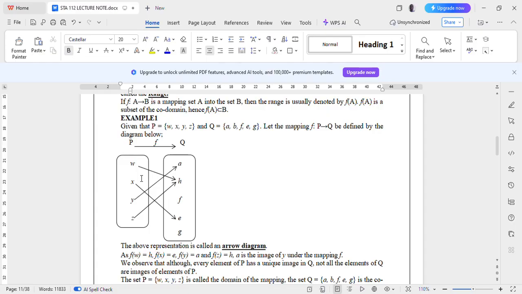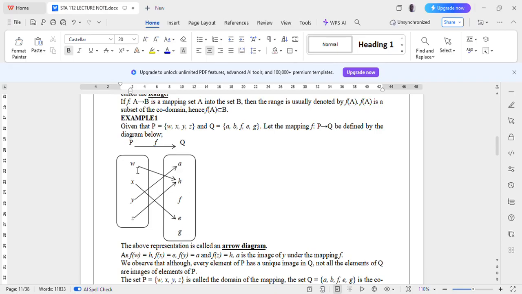Now the image of W in P is H in Q. You can see the arrow runs from W to Q. So all the elements in P, that is W, X, Y, Z, are the domain, while all the elements in Q, A, H, F, E, G, are the codomain.